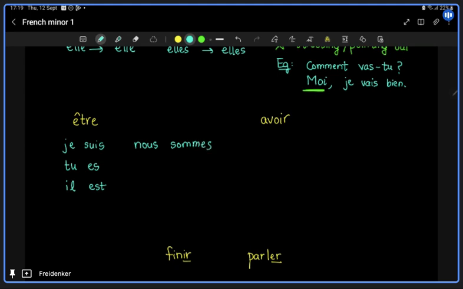Être means to be. This je means I. Tu means you, but singular. Il means he. There could also be elle, and elle means she. Nous means we.